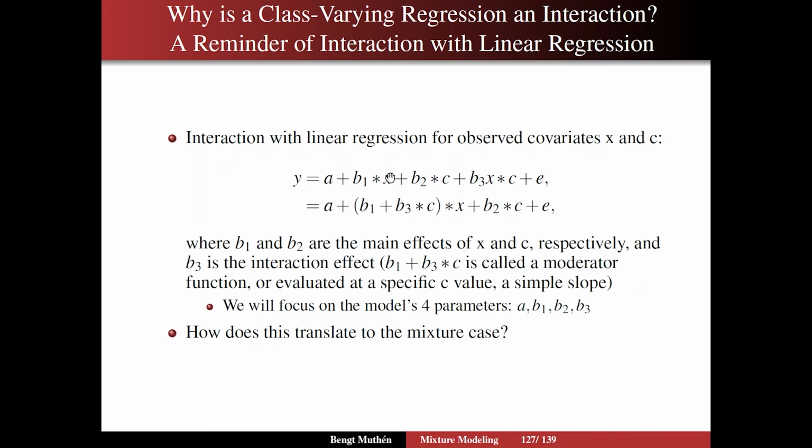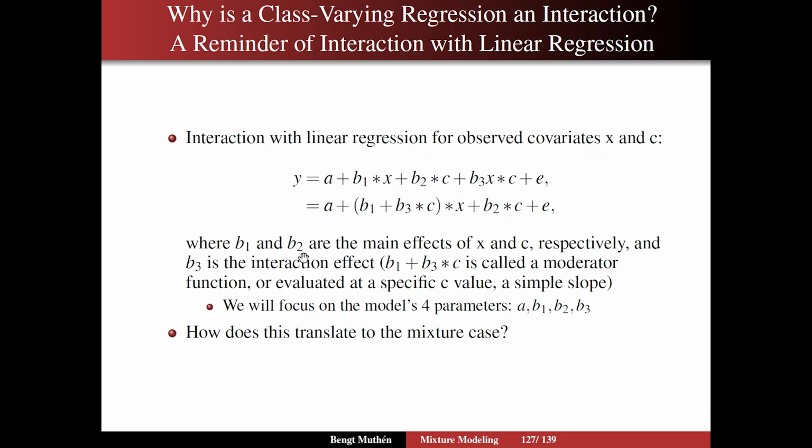Now you can reshuffle that equation so that this term and this term get put into a summary term where you pull out x multiplying b1 is that term, x multiplying b3 times c is that term. And then you have the effect of c here.